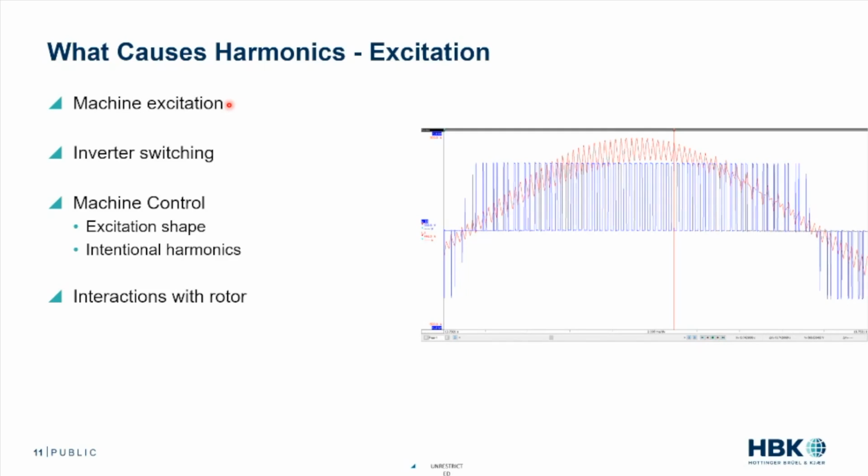So the machine excitation is really important. What that voltage source is, whether it's an inverter, whether it's the grid, if it has distortions in it, this is going to cause some harmonic content. So if we have things in our system that are causing a non-sinusoidal excitation, that's going to create harmonics.